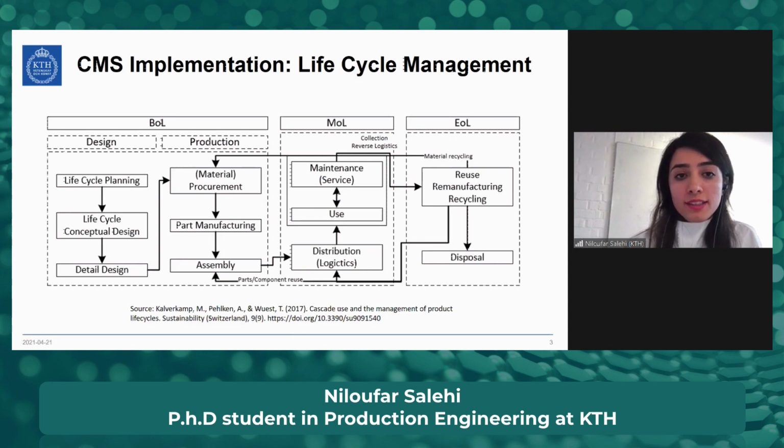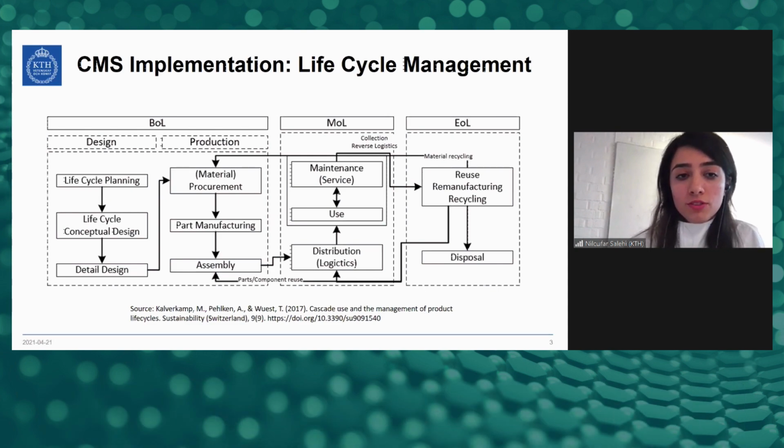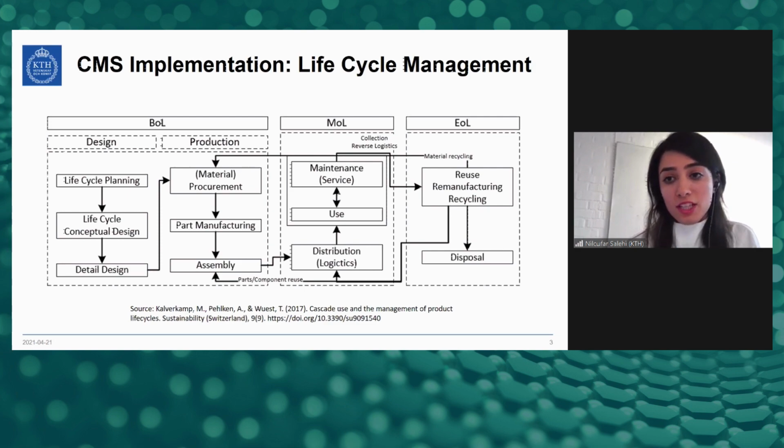So if we look at the value chain of a product from the beginning of the life cycle to the end of the life cycle, we can see that we have design and production at the beginning of life, then maintenance, use phase, and distribution in the middle, and at the end of life we can have reuse, remanufacturing, and at the end it will be disposal.